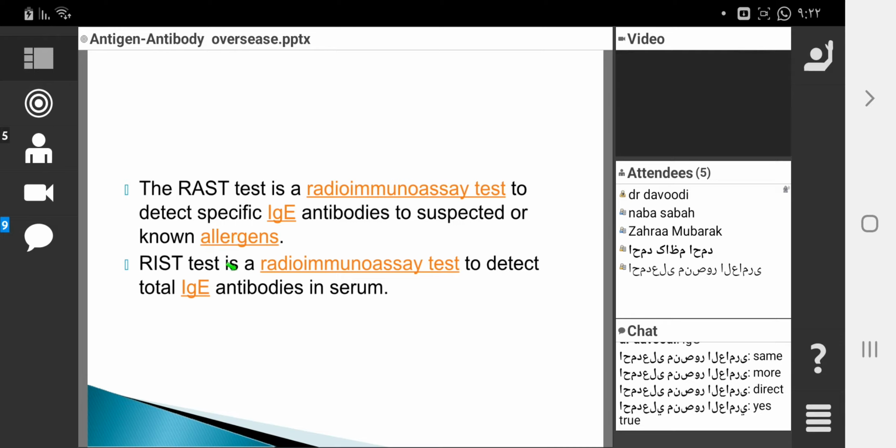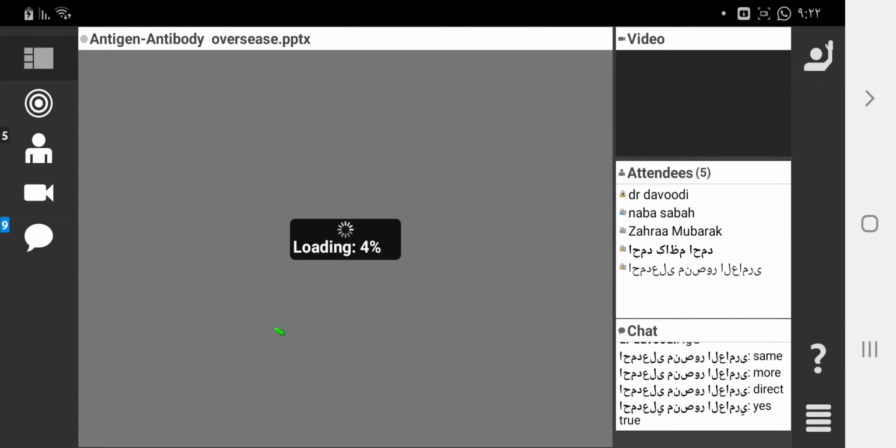And the RIST test is also a radioimmunoassay test, to detect total IgE. So RAST is for a specific IgE against a known allergen, but RIST is performed to detect the total IgE antibody in the serum of the patient.